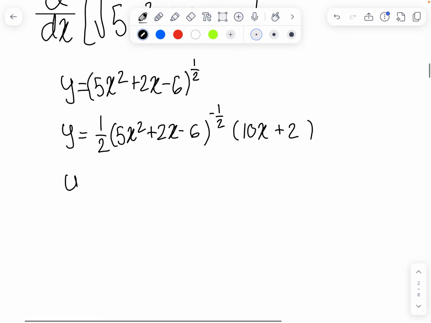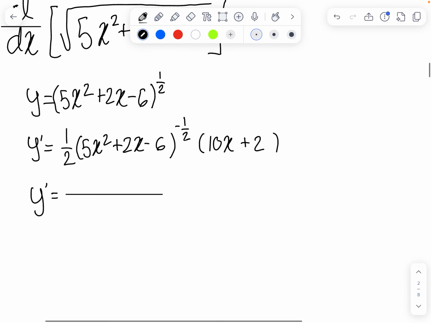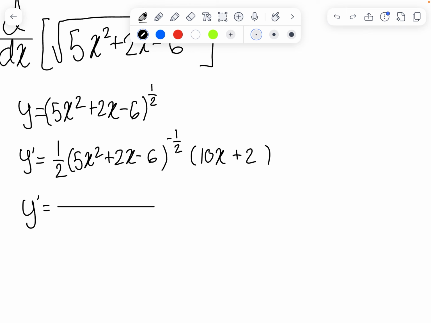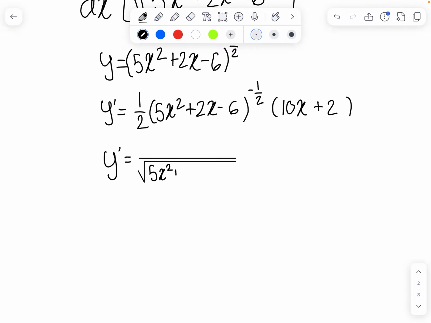Simplifying our equation, you need to write y prime. So y prime you'd make equal to, the denominator would be, since this is negative, this goes down to the denominator, so that'd be the square root of 5x squared plus 2x minus 6, and the numerator is 5x plus 1.